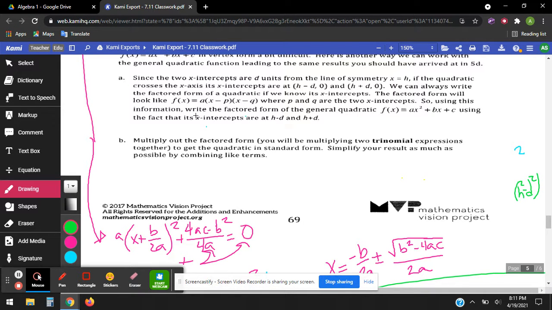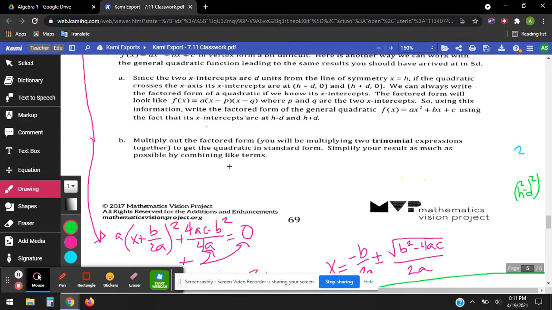So using this information, write a factored form of the general quadratic equation using the fact that its x-intercepts are h minus d and h plus d. I'm going to write it up here first, and then we're going to scroll down and multiply this out for b.